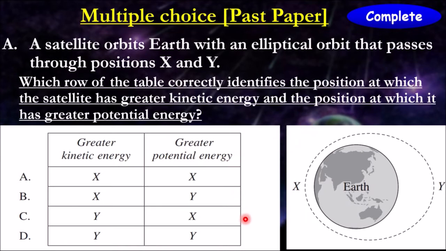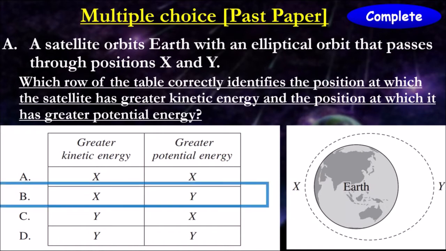Okay, pause it here if you want to have a go. I'll go through the answers. The answer is B. So at position X here, there's a greater kinetic energy, and position Y here, there is a greater potential energy. Okay, so that's what we have there.